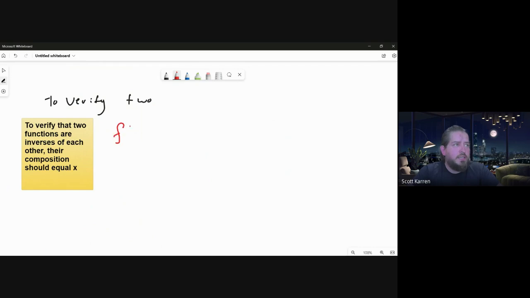So that is to say, if I take f composed of g of x, that should be the same thing as taking g composed of f of x, which isn't always the case. But if they are equal, and specifically they both equal x, then g and f are inverses.